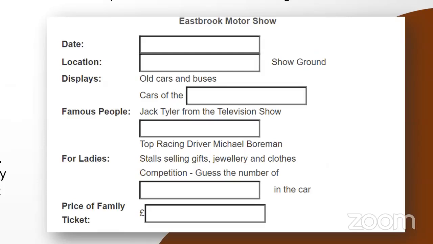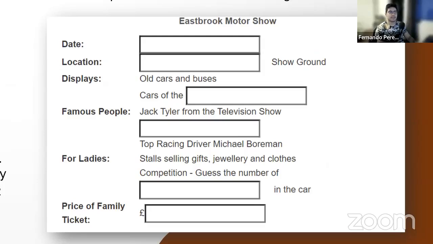Competition: guess the number of cars in the car park. Price of family ticket: pounds, and how much pounds? Very good.